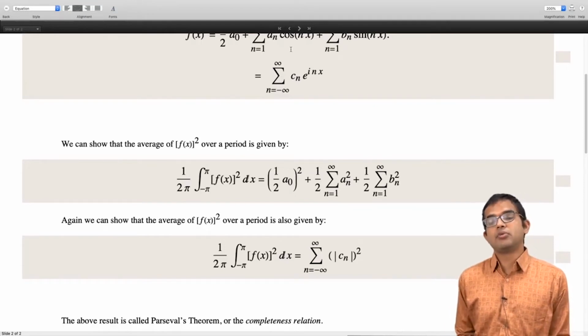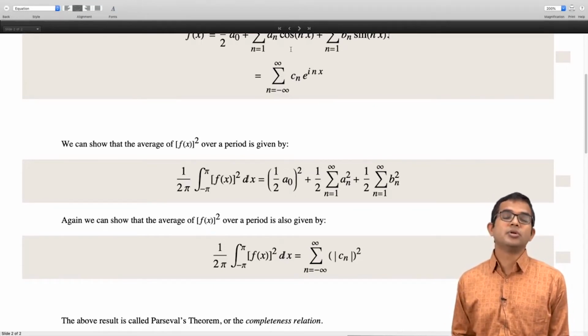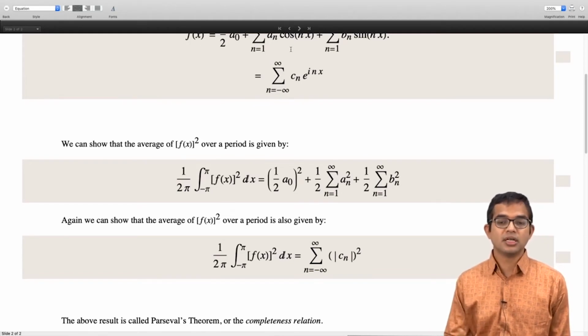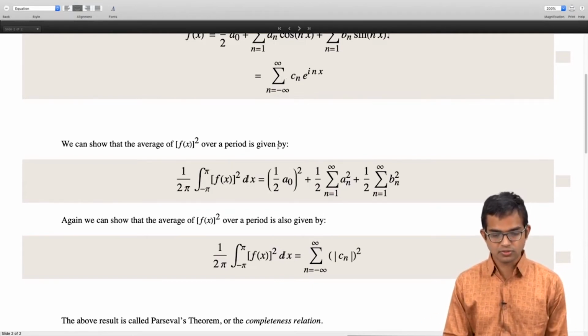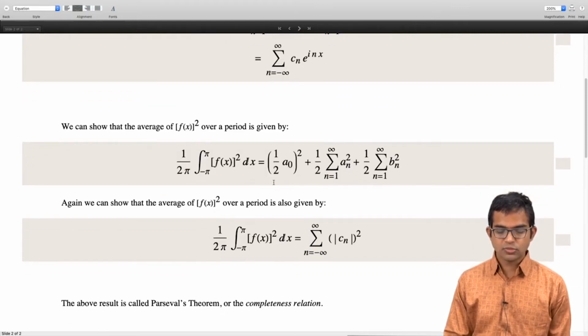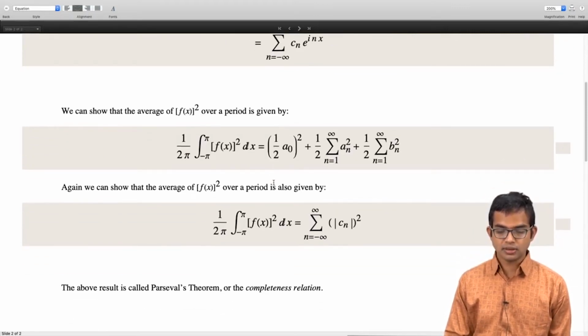Even if one of them is missing, you will not be able to expand an arbitrary function in terms of a series like this if even one of these frequencies is missing. Every one of them is key. So that's the reason behind the name completeness relation for this theorem.